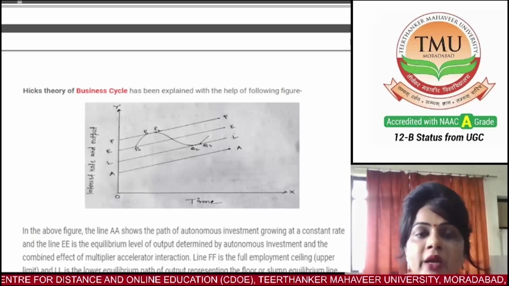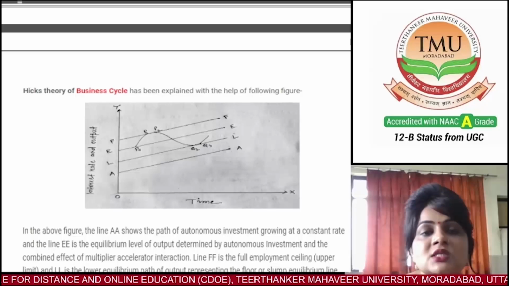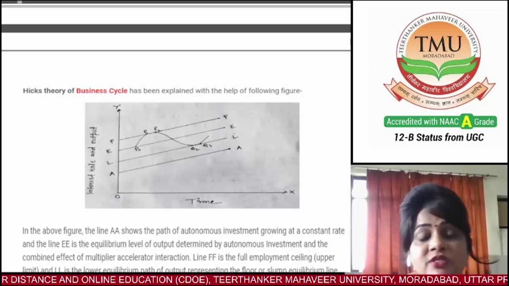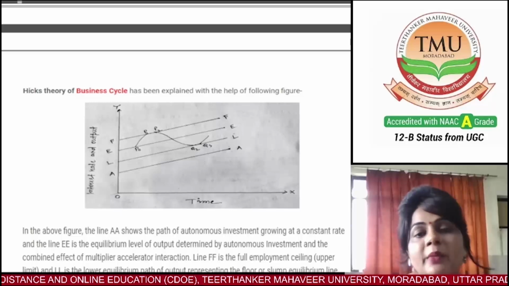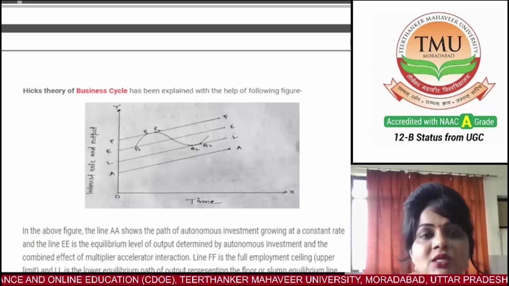So when the economy reaches point P2, the rapid growth of national income must come to an end. Professor Hicks assumed that the full employment ceiling grows at the same rate as autonomous investment.